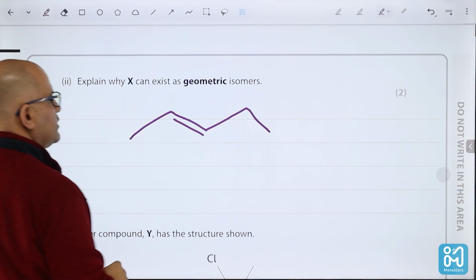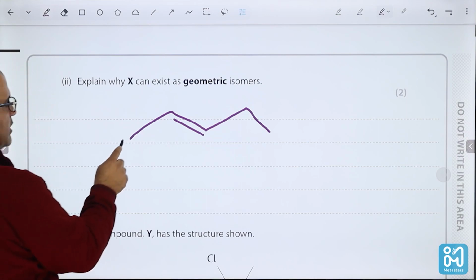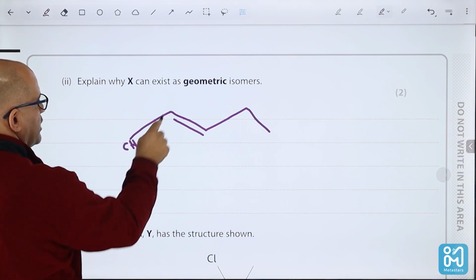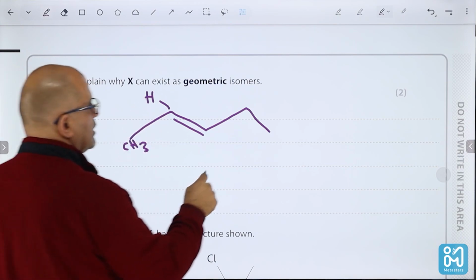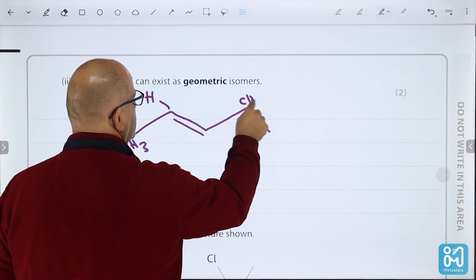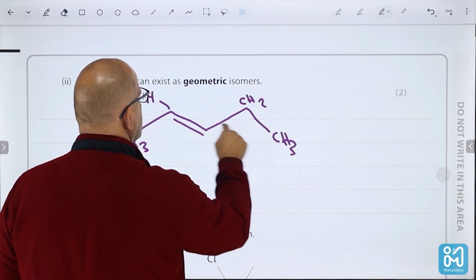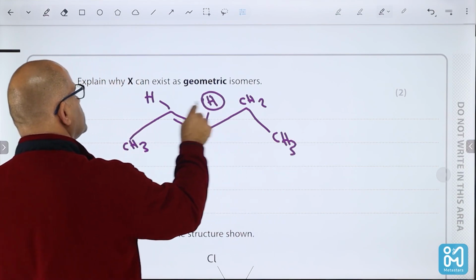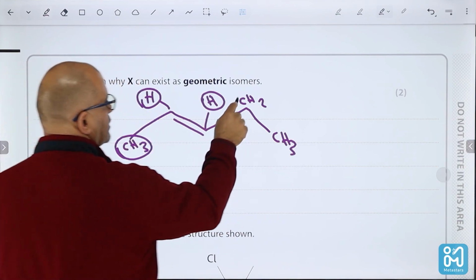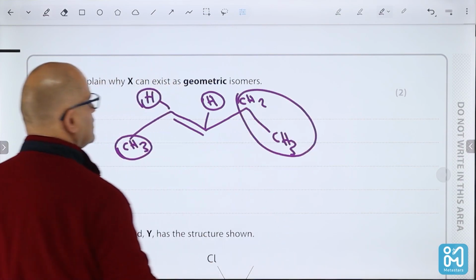So why does it include geometric isomers? Here we have CH3, and here we have H, and here we have CH2CH3, and also hydrogen, which is not shown clearly.